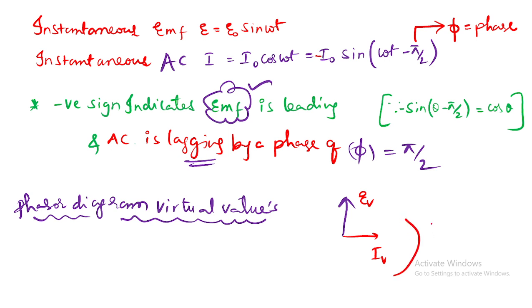And this is rotated with angular velocity omega in the anti-clockwise direction. How much angle is it lagging? Pi by 2. Current is lagging by pi by 2 and E V is leading by pi by 2. Yes or no? Is it clear? So who is leading, who is lagging? Whenever you connect the inductor, voltage will lead, current will lag. Clear? Any difficulty?